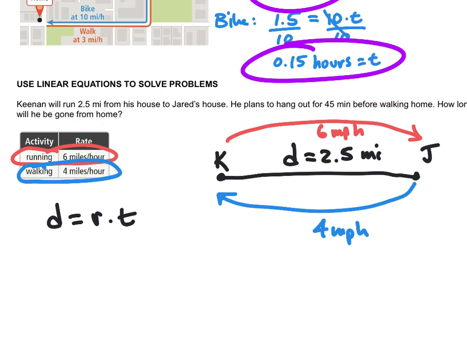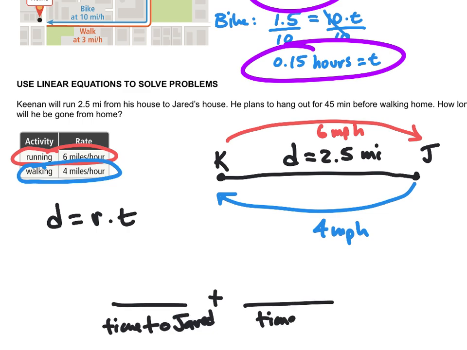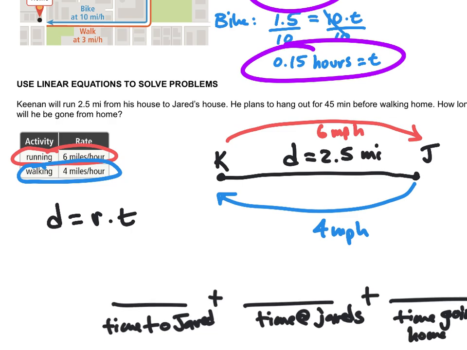So what I want to do is add 3 things: the time to Jared's house, plus the time at Jared's, plus the time going home. Okay?